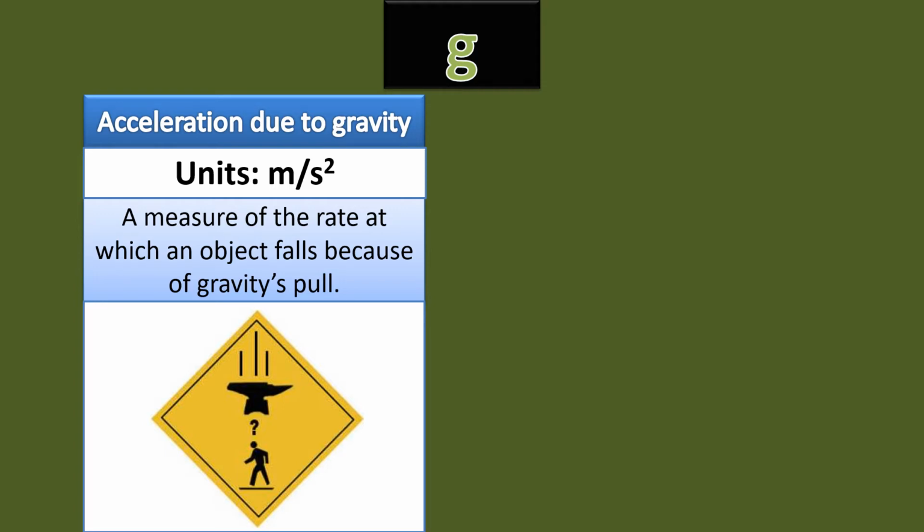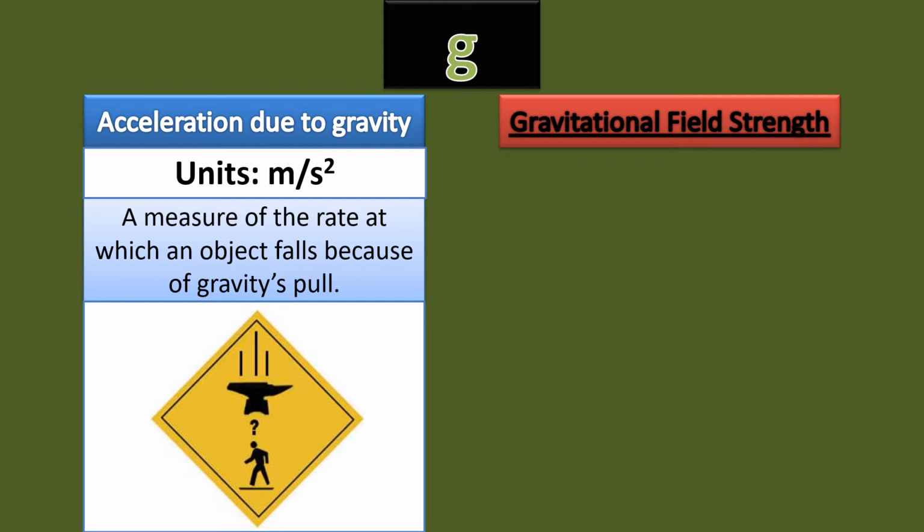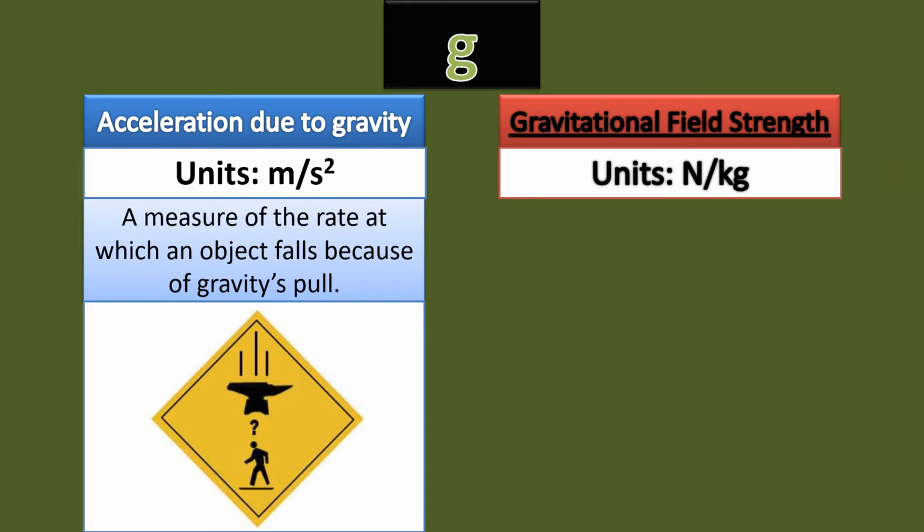So instead of the acceleration due to gravity, we can say that is the gravitational field strength, the strength of the gravitational field around Earth. And the units for that version of little g is newtons per kilogram. Newtons per kilogram for gravitational field strength.